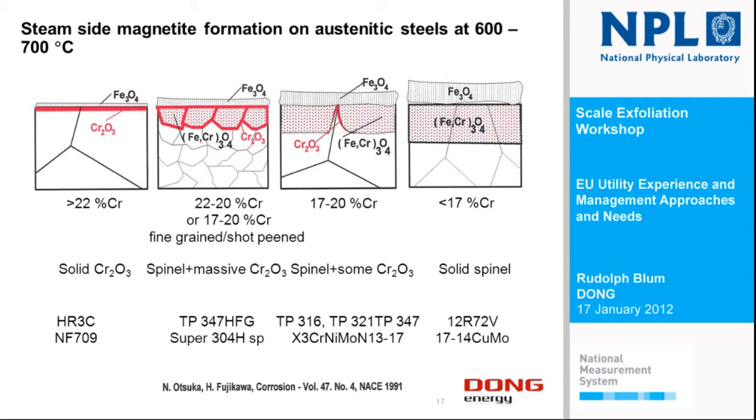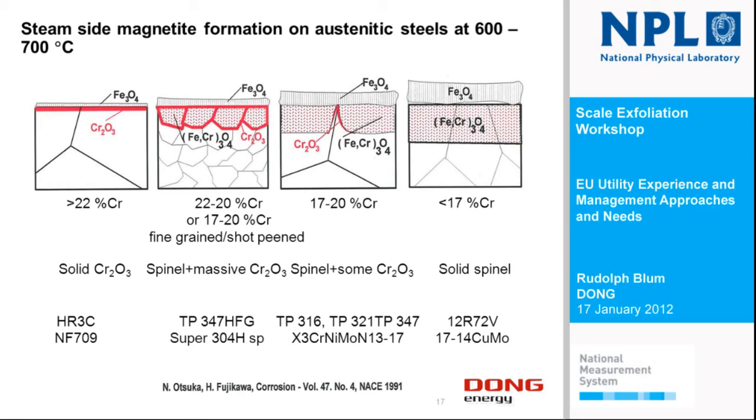If you have something between 17 and 20 chromium, it will be a little better, but not good enough in my opinion. If you go for either an even higher chromium content, or fine-grained material at 18% chromium, or shot-peened material also at 18 chromium, you will come much better off.